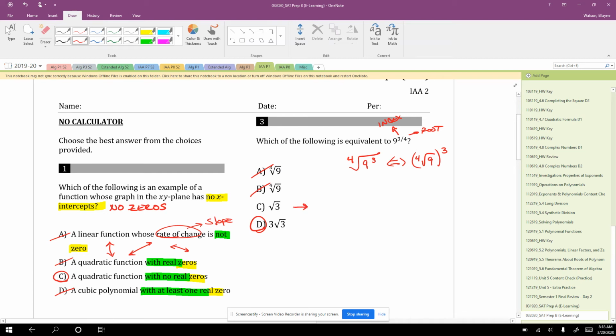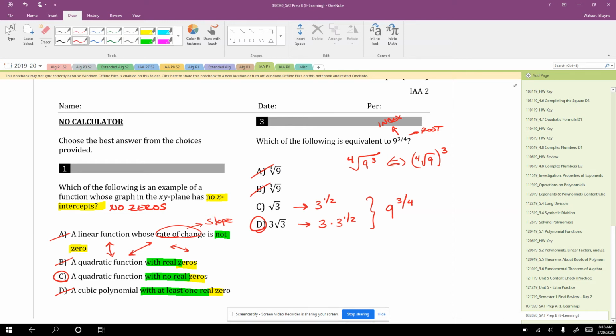C as a rational exponent would be 3 to the power of 1 half. D as a rational exponent would be 3 times 3 to the power of 1 half. Well, those still do not equal 9 to the power of 3/4, right? And so what we're trying to figure out is which one of those is actually equivalent.